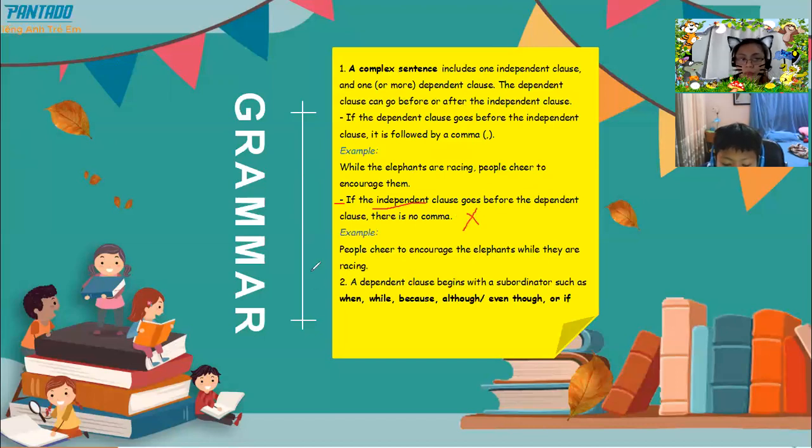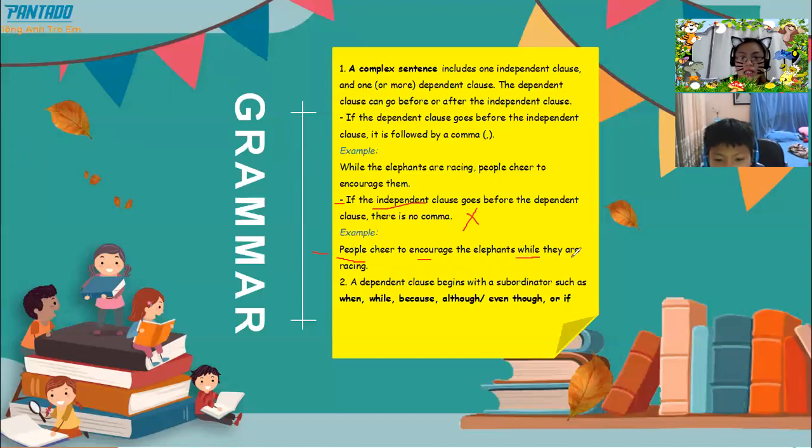Okay? So we have here an example. Please read. People cheer to encourage the elephant while they are racing. Okay, very nice. So the dependent and independent clause on this example.